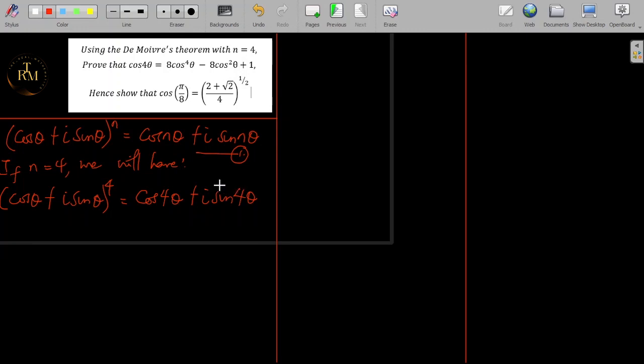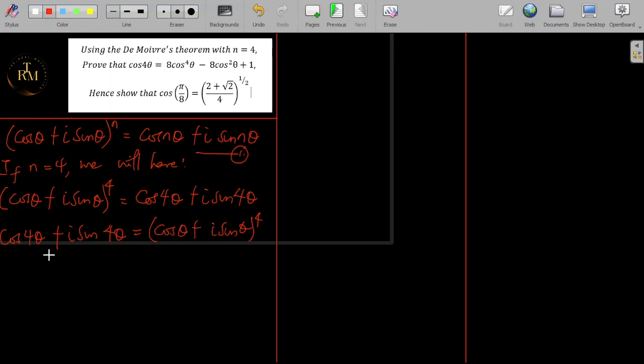Once we do this, the next thing we'll probably want to do is exchange the left-hand side and the right-hand side. So I'm just going to switch their positions. I'm going to have cos 4θ plus i sin 4θ equals (cos θ plus i sin θ) to the power of 4.